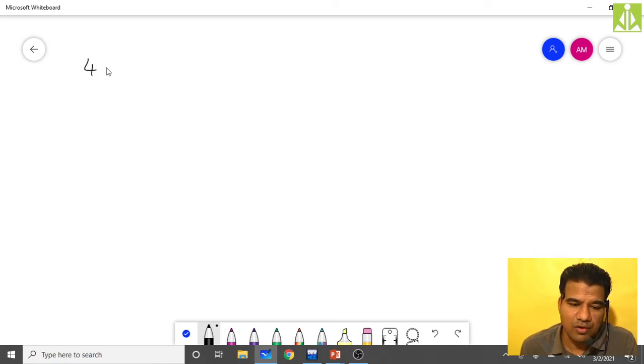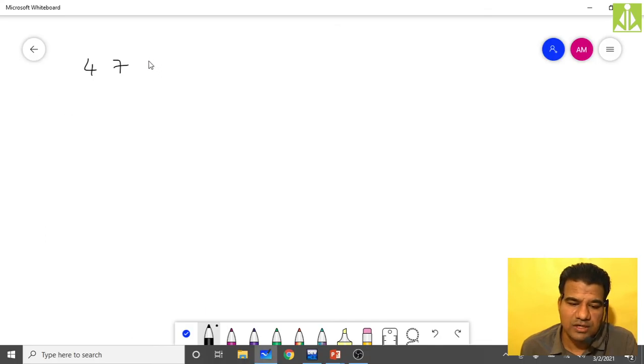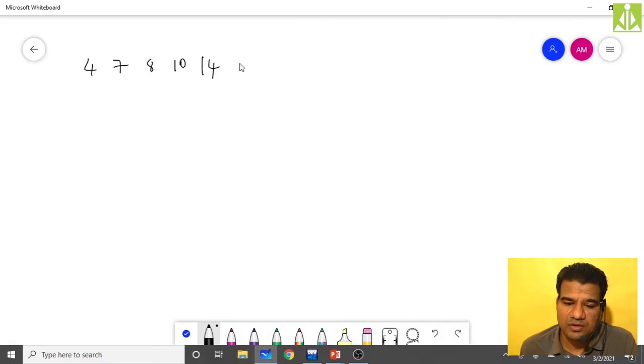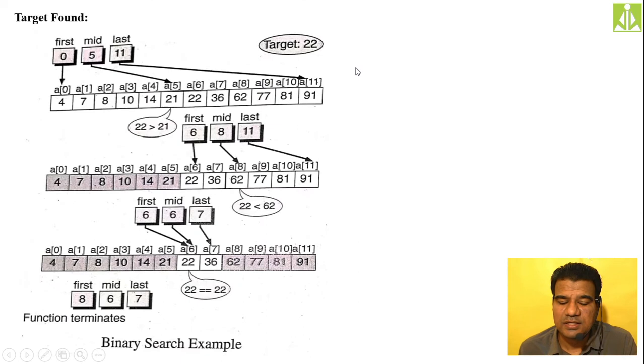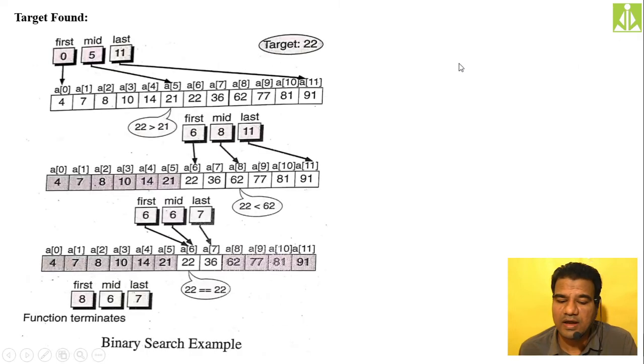So 4, 7, then 8, 10, 14, then 21, 22, 36, then 62, 77, 81, then finally 91.